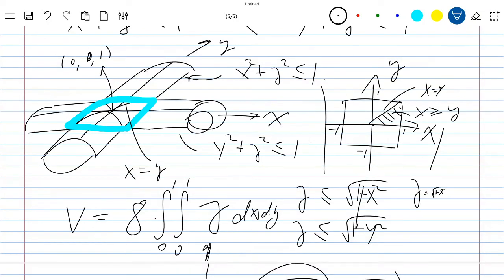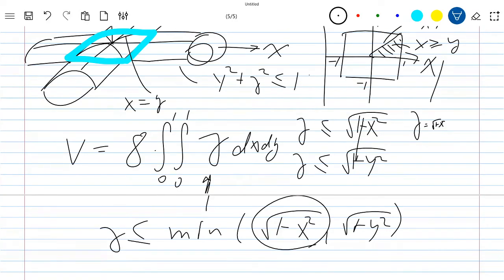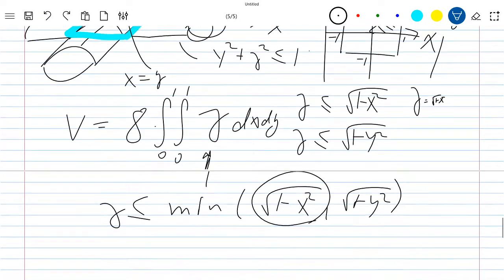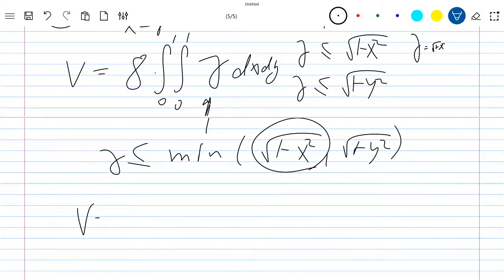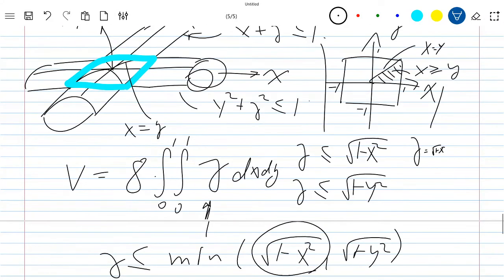So if you understand that, then we can write down the integral in either way. We can cut into 2 halves. And by symmetry, the lower half and the upper half have the same volume, right?